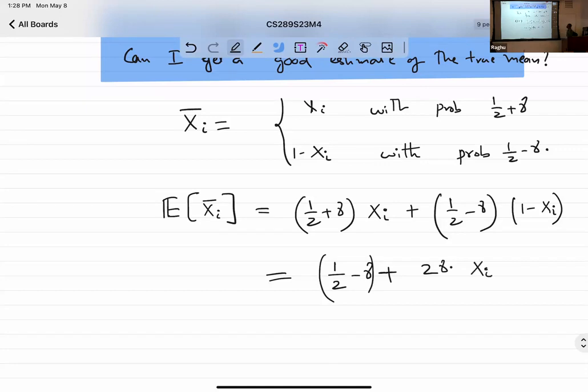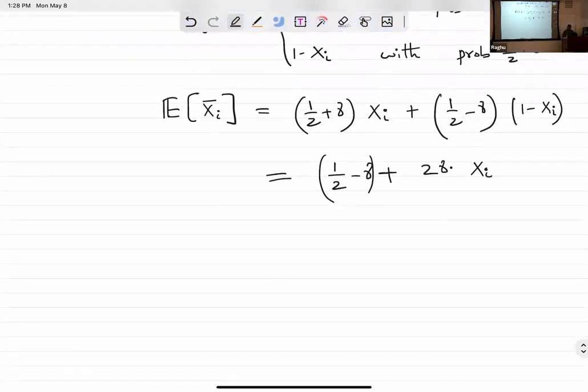So we have this equation and you have these xi bar values. How could you estimate the true average of the xi's given the xi bar values? Any suggestions? I'm seeing these xi bar values.